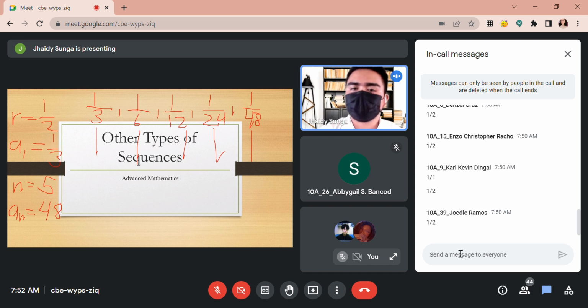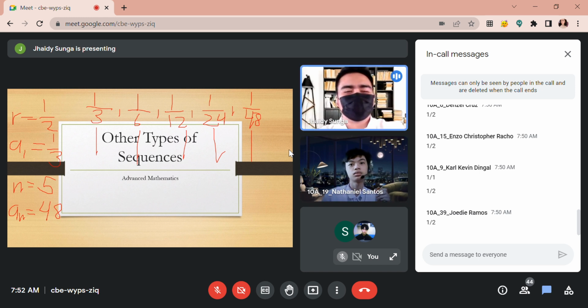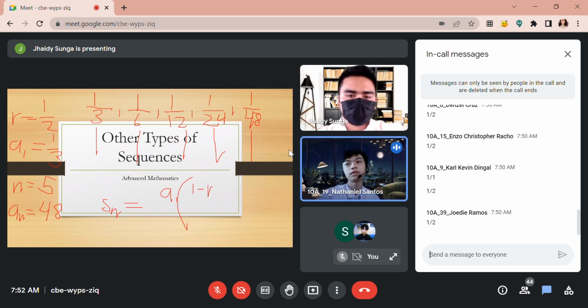If we are going to find the sum, is it Sn is equal to a1 over 1 minus r over n over 1 minus r? Again, I will be writing the sum of the terms is equal to a1 times 1 minus r raised to n, over 1 minus r.